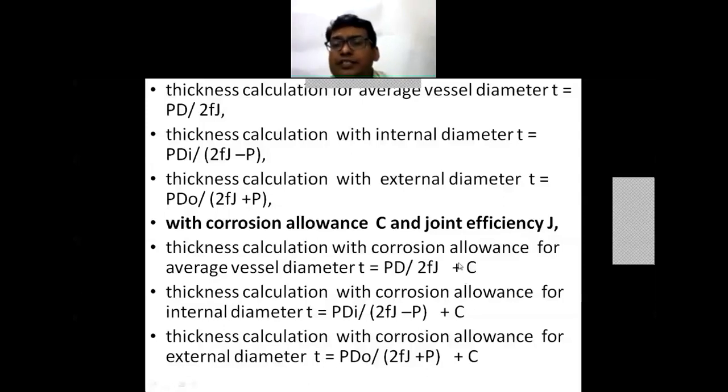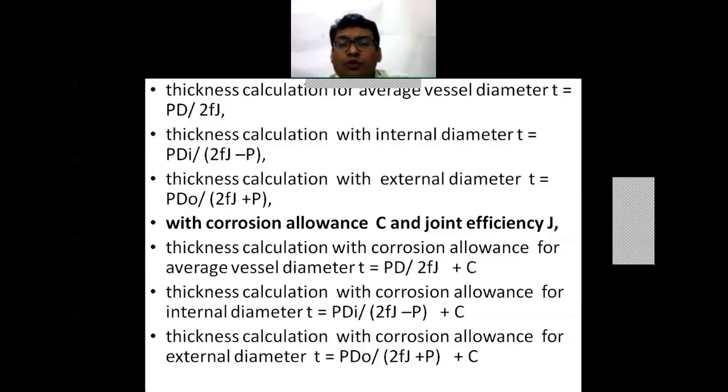Generally, it is taken as 2 mm thickness corrosion allowance. If it is highly corrosive, then you can go to 4 mm also, but mostly 2 mm thickness is added as a corrosion allowance.